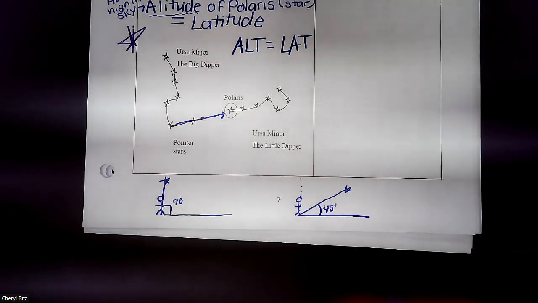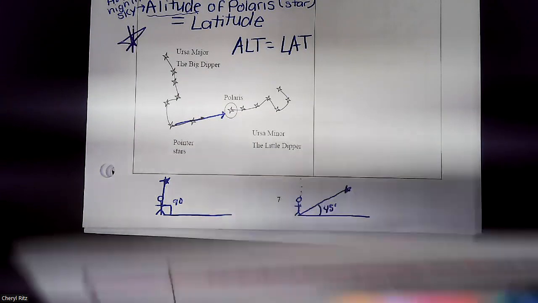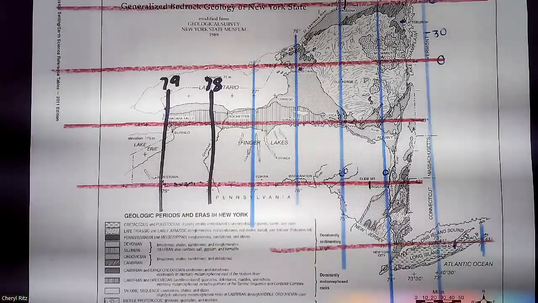I'm going to tell you that I went on a trip around New York State and I looked up at the sky at night and I saw the altitude of Polaris was 42 degrees, or around 42. Name a city I could have been in. Use your reference table.